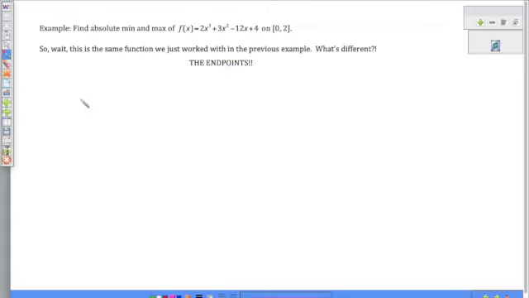Okay, so we knew that I had x equals negative 2 and x equals 1 as my critical points. And I also need to check x equals 0 and x equals 2 because those are the endpoints on my interval. But what is not on my list anymore is this guy, right? I don't care about what's happening at x equals negative 2 because it's not on the interval in question.